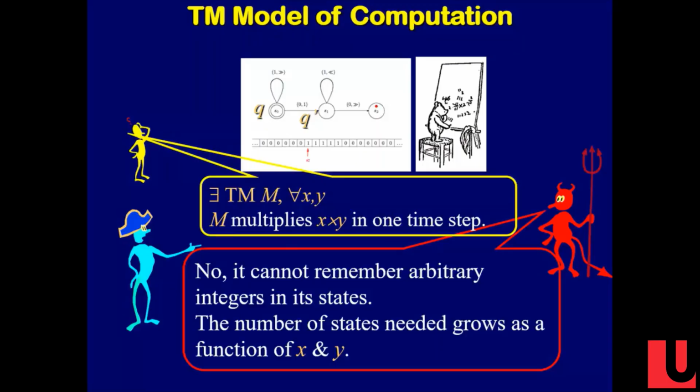So then I'm going to say it can't have a k by k table. It only has k squared states. It can't be remembering k squared answers.